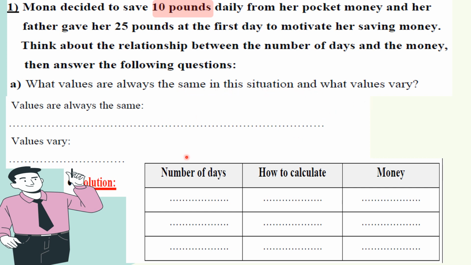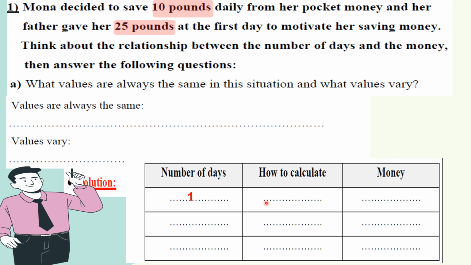Let's complete the table first to know what values are the same and what values vary. Here we have the number of days, how to calculate, and the money. In the first day, which means we have day 1 or 1 day, how to calculate it? Each day she will save £10 plus what her father gave, which is 25.